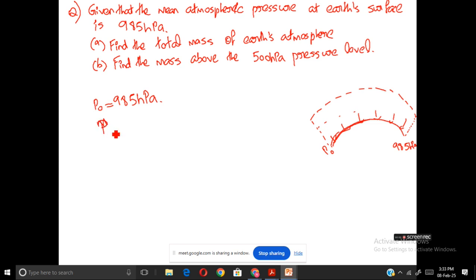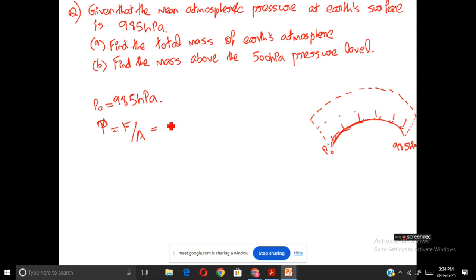What is pressure? Pressure is force per unit area. In this case, the force is basically mg, the weight of the air column above the surface. So the pressure exerted by the atmosphere on the surface is basically the weight of the atmosphere on the surface.